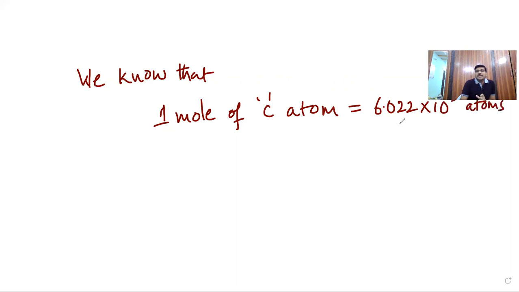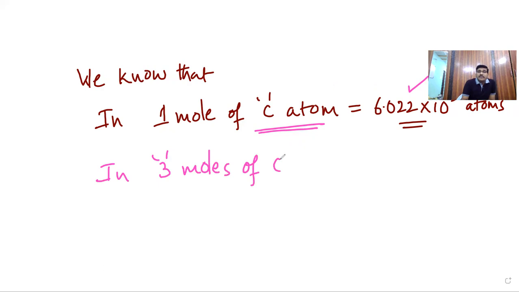So many units in 1 mole of carbon atoms, Avogadro number of atoms. But in the given quantity of 36 grams, how many moles are present? 3 moles. So in 3 moles of carbon atoms, how many atoms are present?